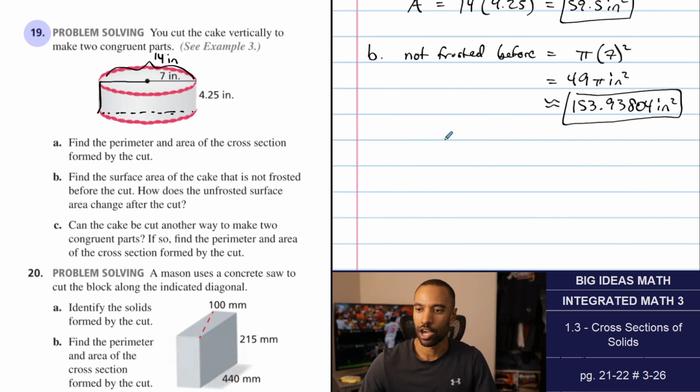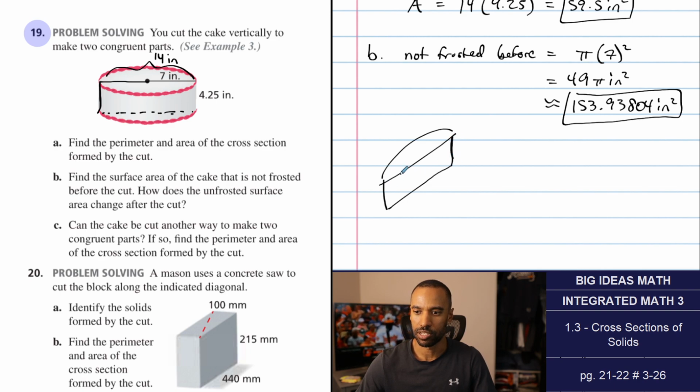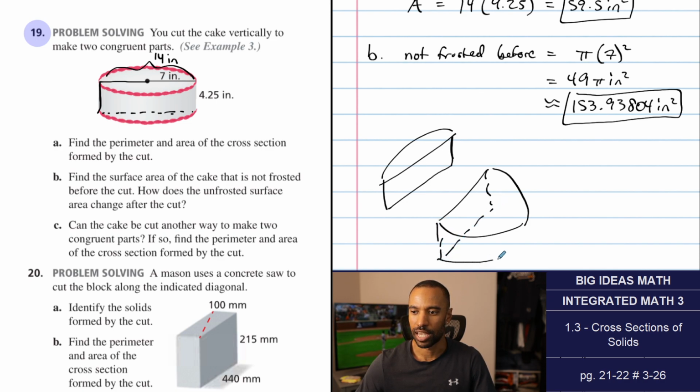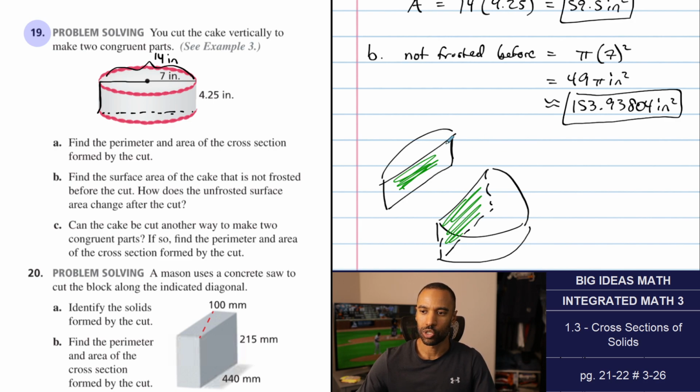When I cut this cake open, I have two semi-cylinders like this. Here's one piece of cake, and here's the other piece of cake, split apart, but they both have that cross section there. So it's these parts right here that we need to also include. Unfrosted when split apart. So that is two extras.